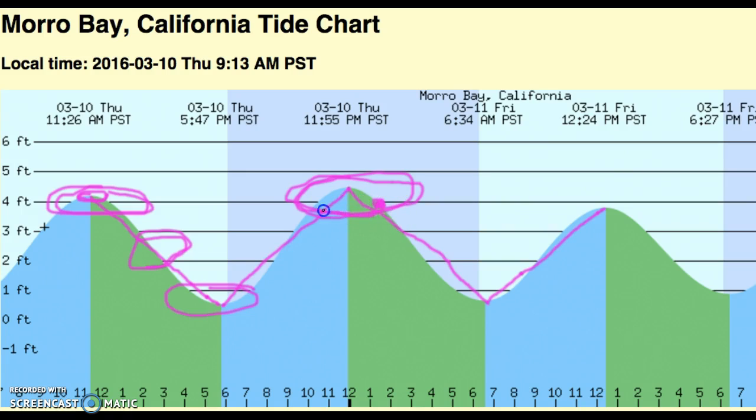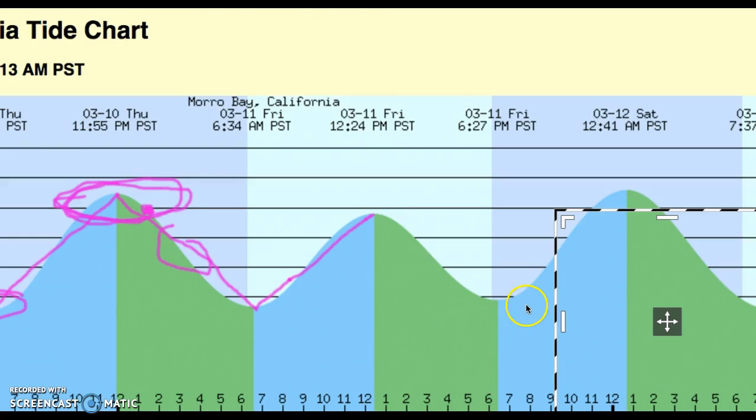Okay, so we'll have this slack tide here, and then we'll have this really huge current swing here, right? If that makes sense.